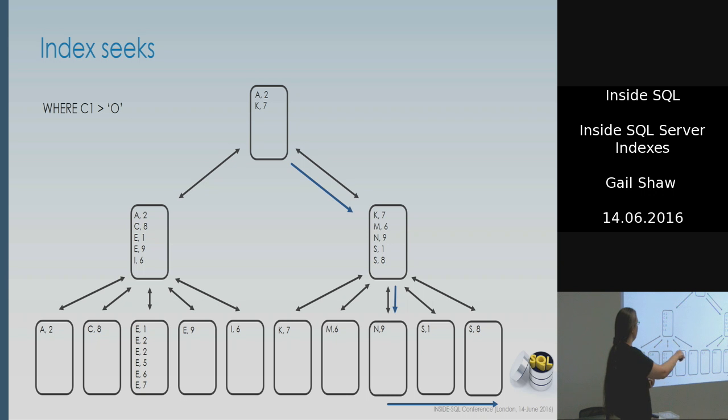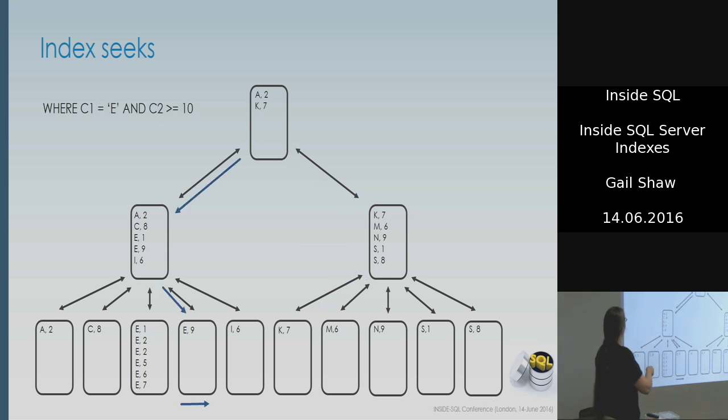Because in every single case, these have been seeks on a not unique index. If I define this index as unique, and we'll pretend for the moment that this is E3, then a seek for, let's say C1 equals E and C2 equals 5, will be what's called a singleton seek, a single row seek.